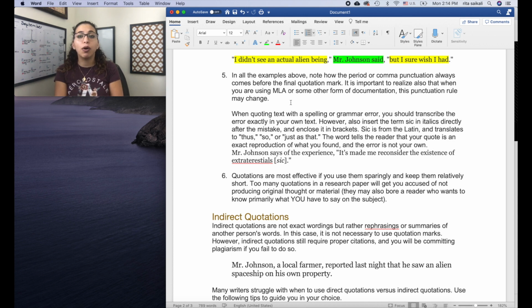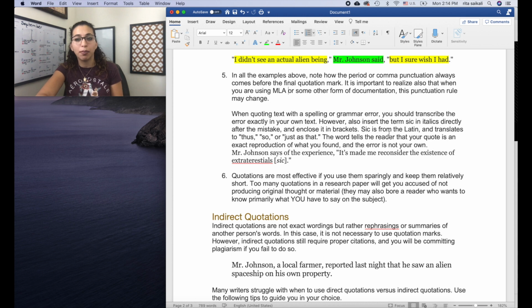Okay? When quoting a text, so this is now another point. When quoting a text with a spelling or a grammar error, you should transcribe the error exactly in your own text. So let's say someone wrote something and they misspelled a word, and you want to quote that person. You will quote them exactly as they wrote it, with the error. However, you will also insert in italics, directly after the mistake, [sic] enclosed in brackets.